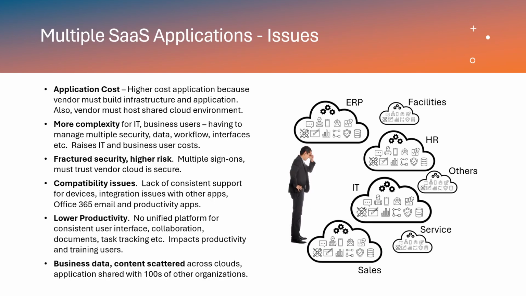So let's just take a look at the choices here. Now, with SaaS, or software as a service, in reality, each application has their own cloud and their own infrastructure underneath, which is fine if you're using one application, but if you're using many different applications from different vendors, that can be a real problem.